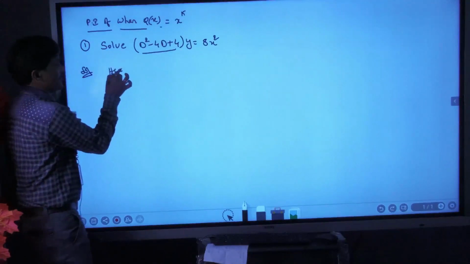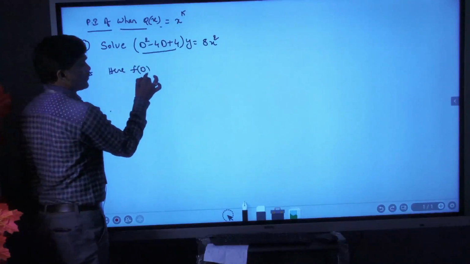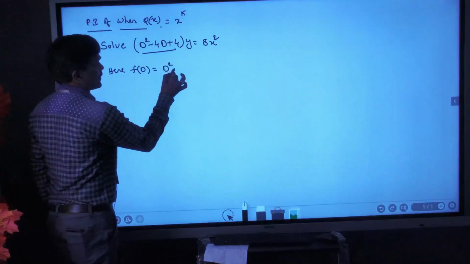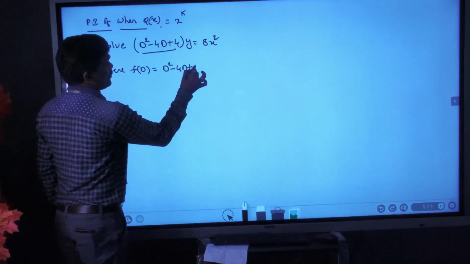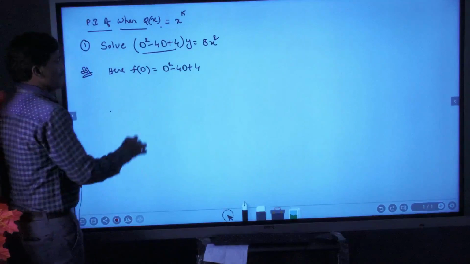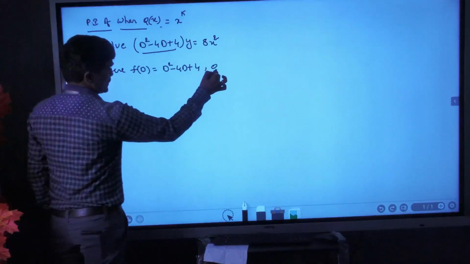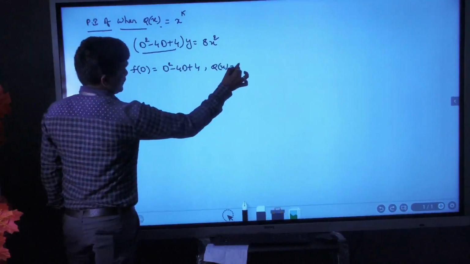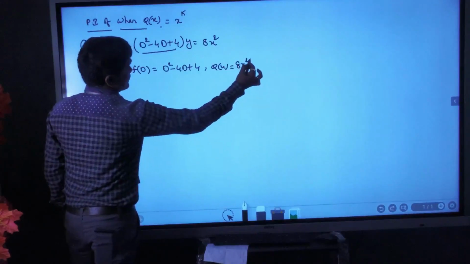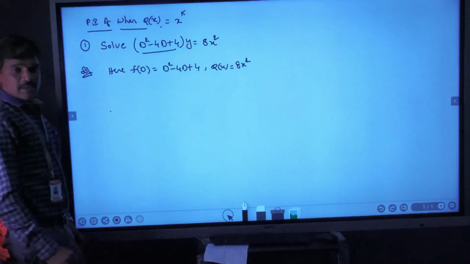And Q of x in the given problem is 8x square. This is the given data.